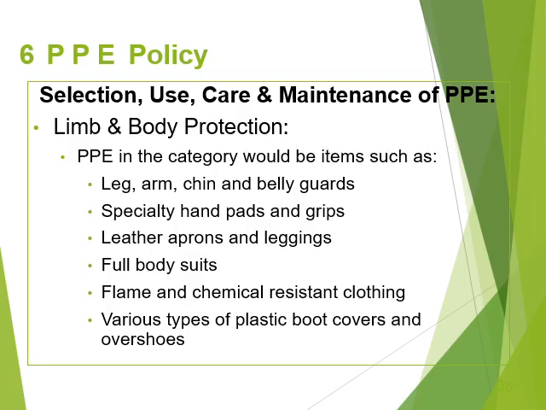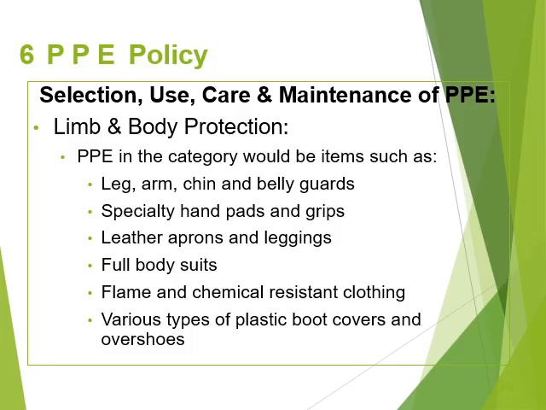Selection, use, care, and maintenance of PPE, limb and body protection. Due to the nature of the construction workplace and the number of different hazards, it's not possible to cover specialized limb and body protection in detail. These types of hazards are known as job exposures: exposure to fire, temperature extremes, body impacts, corrosives, molten metals, cuts from sharp or abrasive materials.